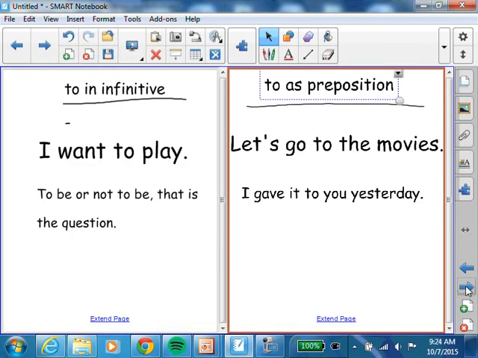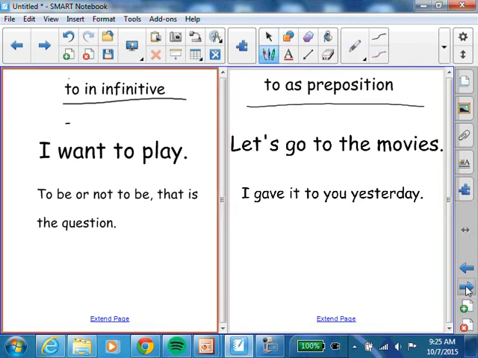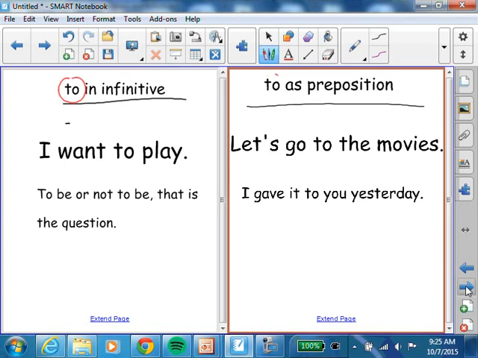And this is why, as I said at the beginning, in this particular lesson we're studying infinitives and prepositions together, because we have this overlap of to, which is sometimes used as the first word in an infinitive phrase, and to when it is used as a preposition. And this is just something we want to be aware of, this distinction.